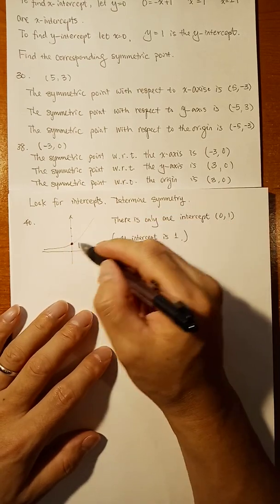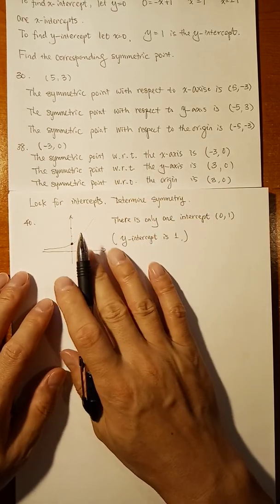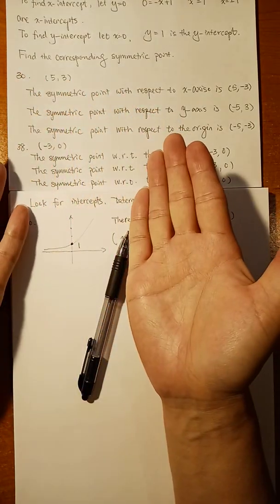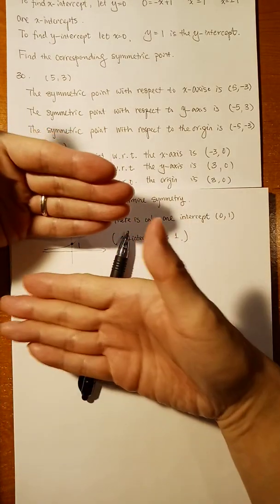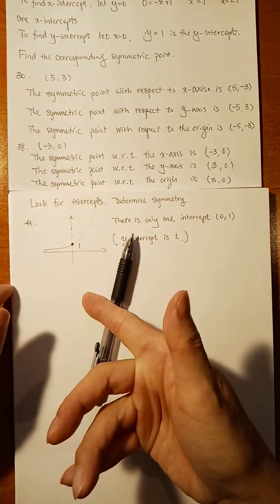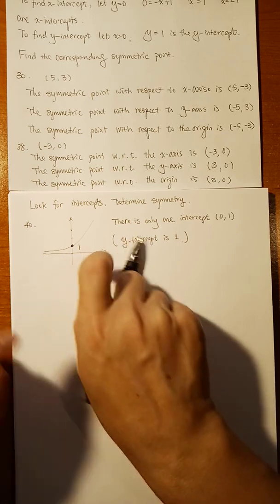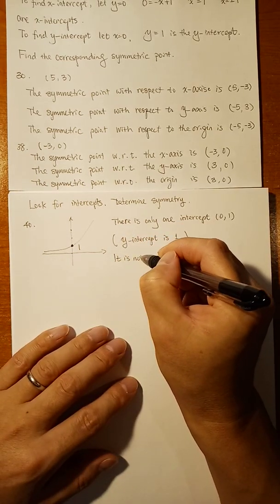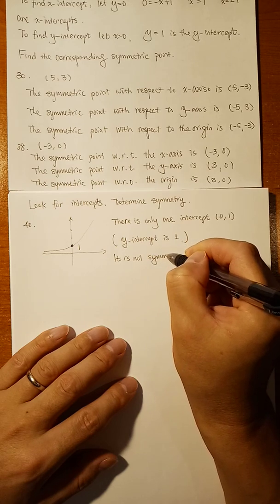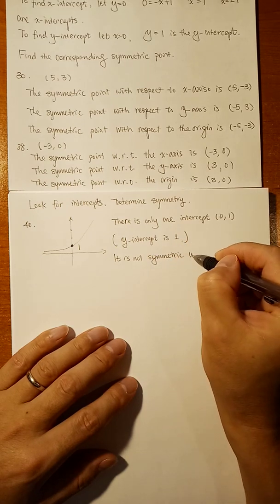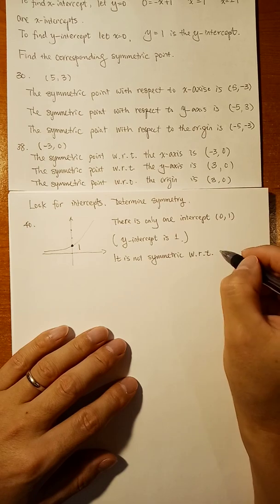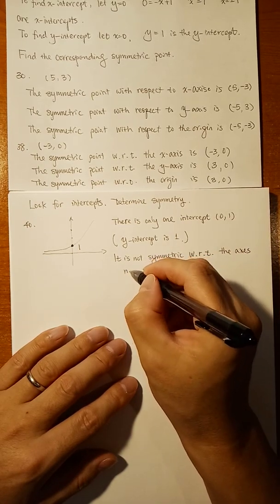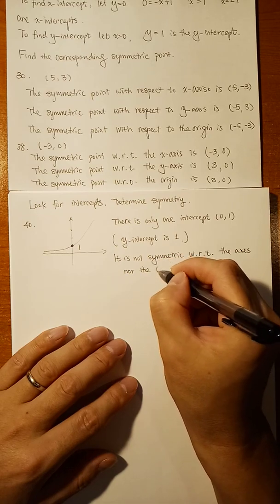Okay, well, you see, what is the symmetry of this graph? If you fold it along the y-axis, they don't coincide. If you fold it along the x-axis, there's no other part. If you do the rotation, also it's wrong. So it is not symmetric with respect to the axis nor the origin.